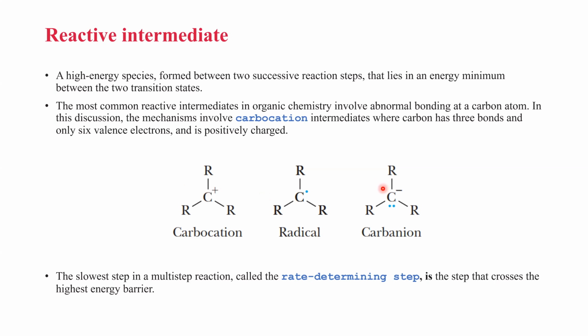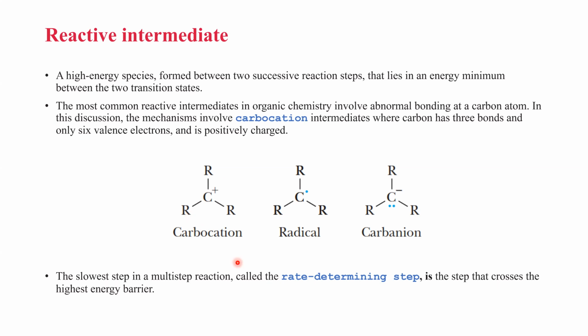There are three different forms which can exist as a reactive intermediate in terms of carbon. In all the reactions we will discuss, it is basically the carbocation, but you should know in what forms reactive intermediates can exist for carbon.